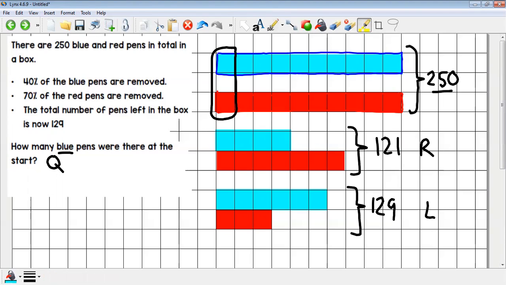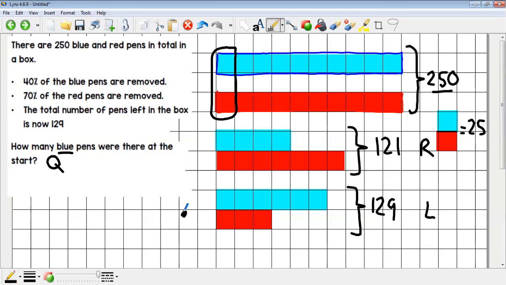So I know that a blue block and a red block must equal 25, okay, between them. That's not to say that they're therefore 12.5s. It doesn't work in that way, because we can't just split them evenly. But we can use that information to help us at this one down here.